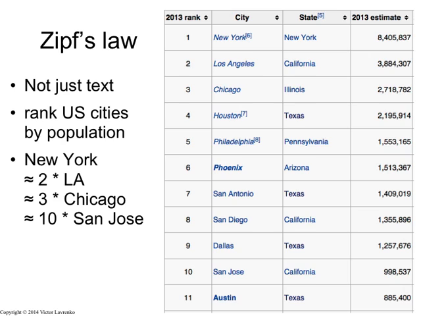Now Chicago, 2.7 times 3, that's going to get you to 8.1, so surprisingly close. San Jose, number 10, 900 thousand times 10, you get 9 million.